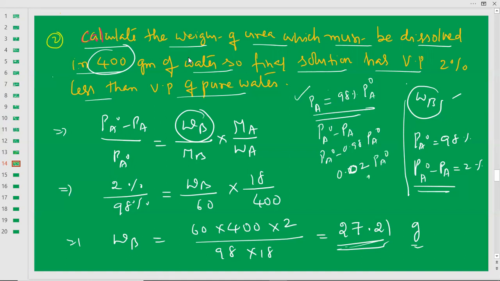So this is what we have substituted here. I consider this difference as 0.02, and 0.02 is 2%. 98% is nothing but 0.98. So this is the value I have taken. Next problem. We'll see the next problem.